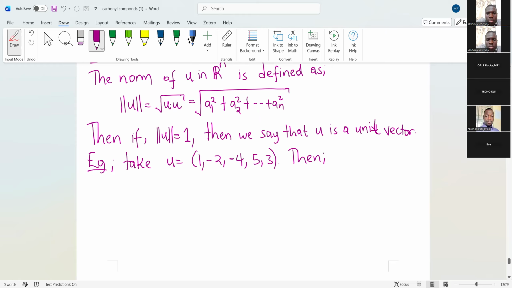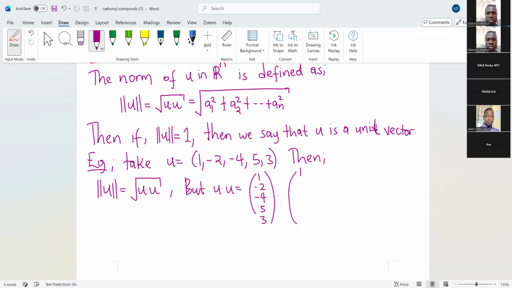Then we have the following. So I want to compute the norm if U is that. The norm of U is the square root of U dot U. So one has to first establish U dot U. But U dot U is 1, -2, -4, 5, 3, dot 1, -2, -4, 5, 3.